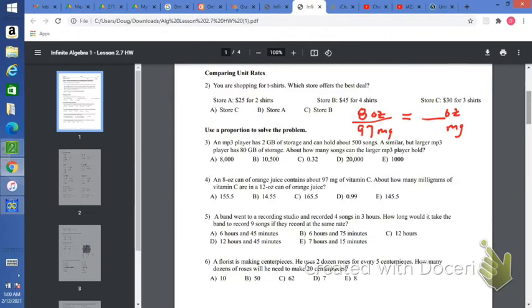So about how many milligrams of vitamin C are in a 12-ounce can of orange juice? We know we're going to fill in 12 for the ounces, and we want to know how many milligrams is in 12 ounces, so we're going to put x there. Now we're going to cross multiply. So 8 times x is 8x, which is going to equal 97 times 12.